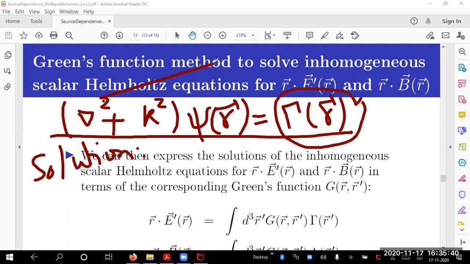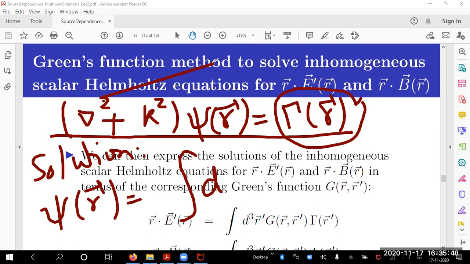The solution of this is psi of r equal to the integral d cubed r prime of g of r prime, the associated Green's function, multiplied by gamma of r prime.